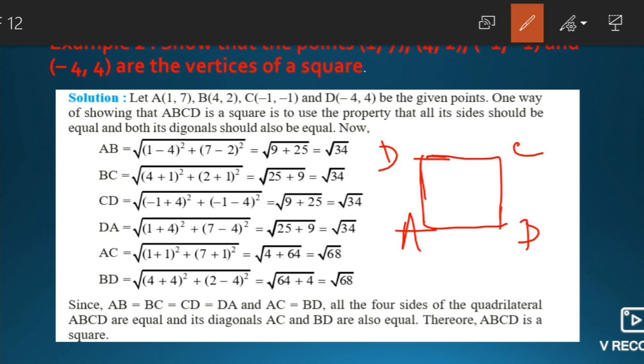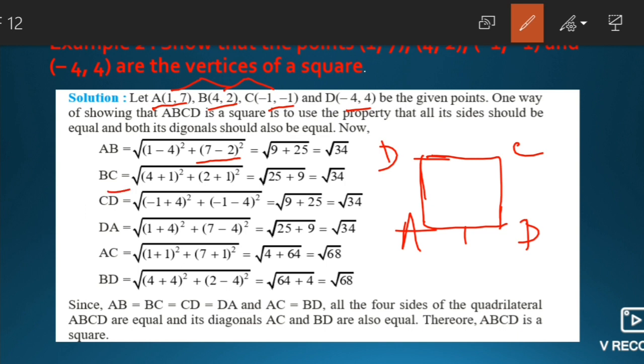Now for a square the distances have to be equal, right? So I am considering the vertices as A, B, C, D. Now I will find the length of each side. For the length of AB, take these two coordinates and apply the distance formula. For BC, take these two and apply the distance formula.